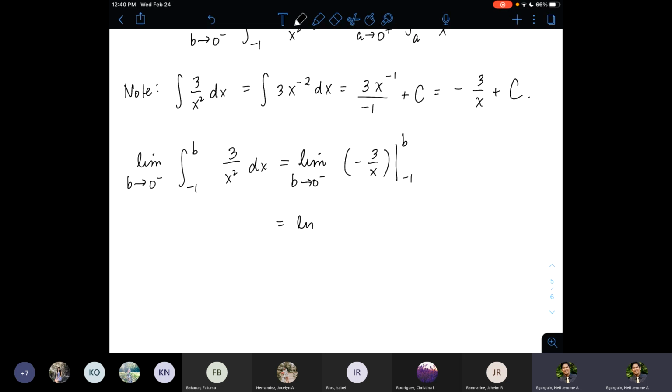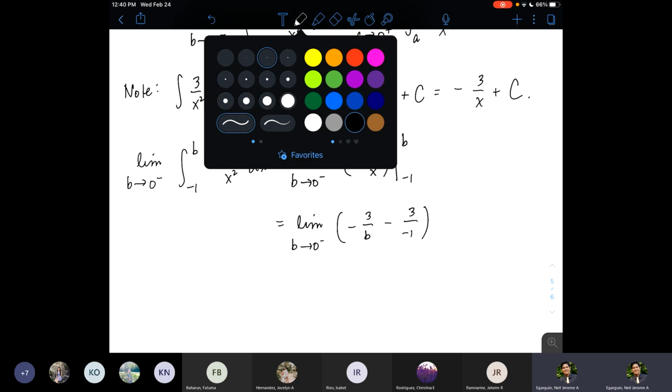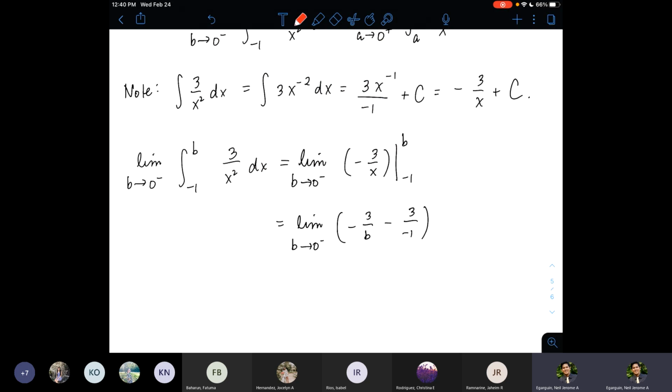So as before, we plug in the upper limit, so we'll have -3 over b minus 3 over -1 as b approaches 0 from the left. Let's see what happens to this limit. 3 over -1 will just be -3. And then there's a negative outside, so expect a +3 in our final answer.